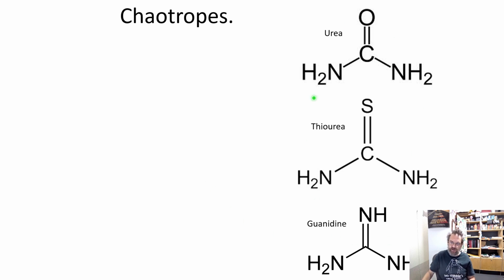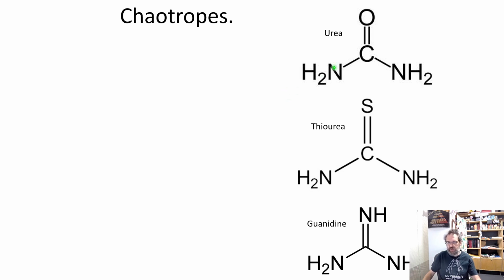The three main chaotropes are urea, thiourea, and guanidine, and these are usually used in really, really high concentrations. Typically you'll see 8 molar urea as the chaotrope in your extractions.